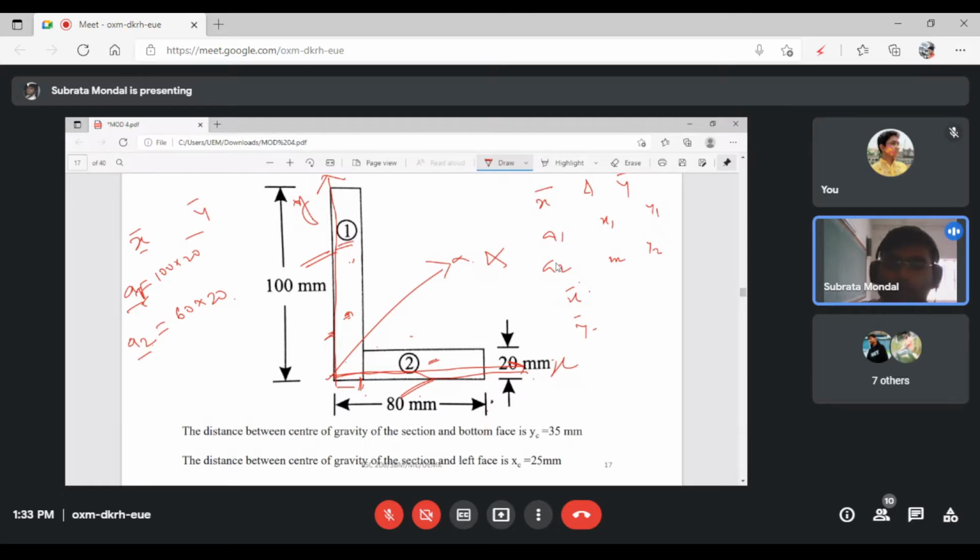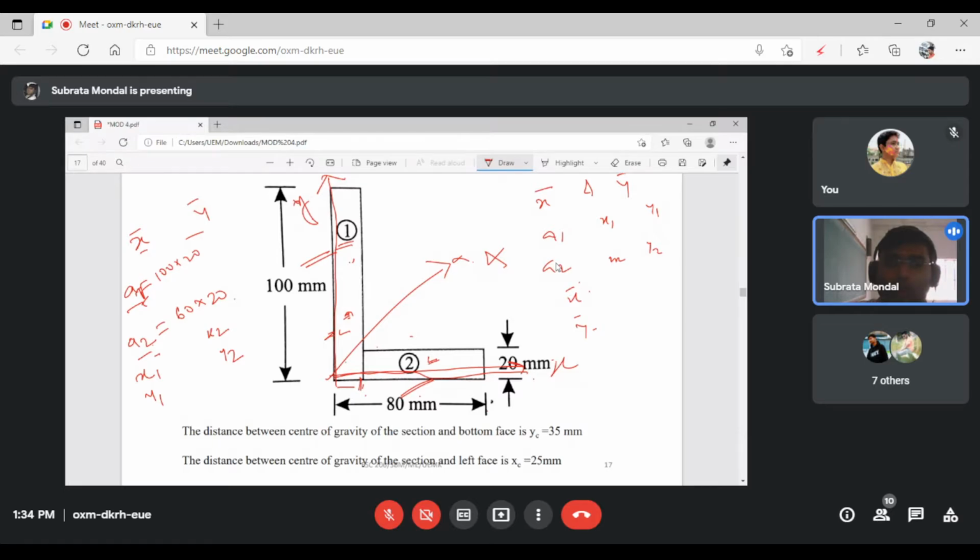Next task is to calculate the individual centroid. Individual centroid means where the centroid acts for this particular rectangle 1, and where it will act for this particular figure 2. So here you need to separately calculate x1, y1 and x2, y2.